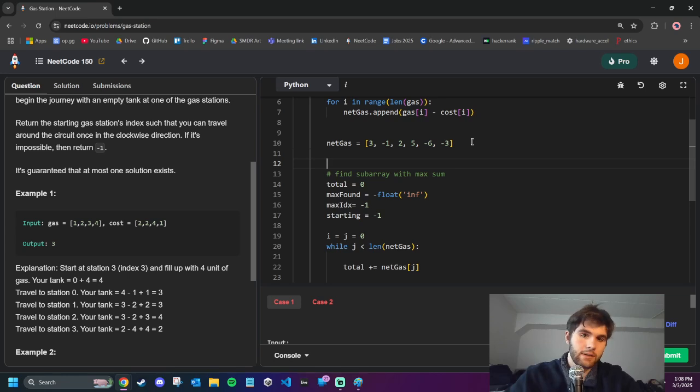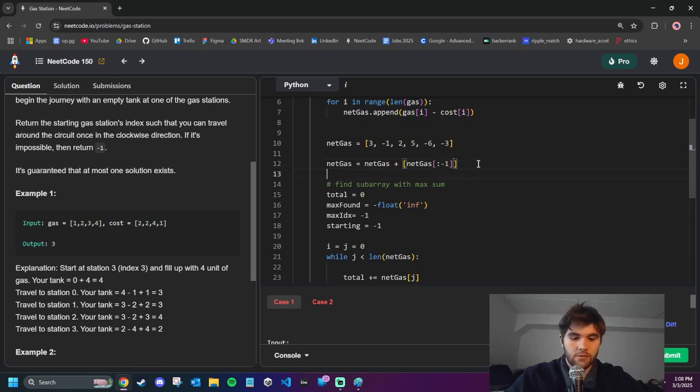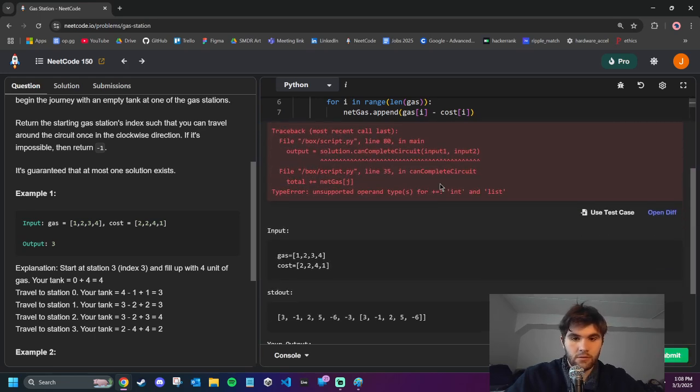So I want to extend net gas. So I'm going to say net gas equals itself plus net gas up until the last index. So I'm just going to extend it like this.